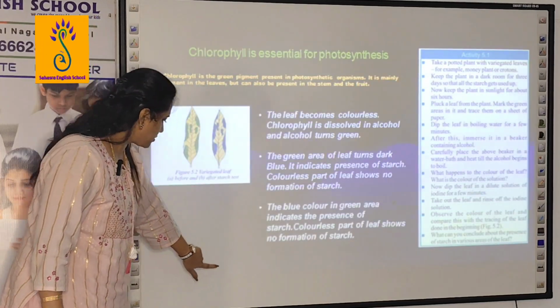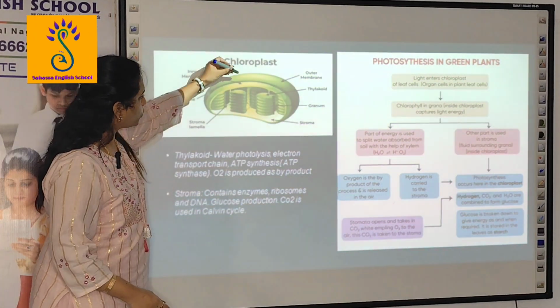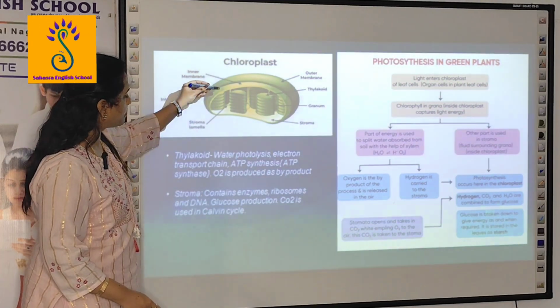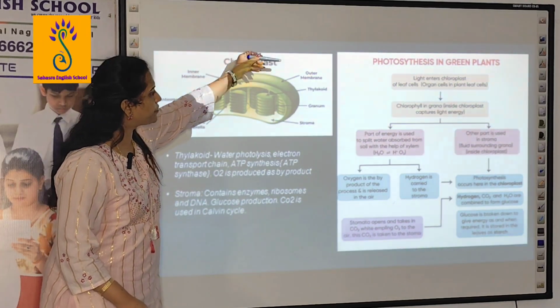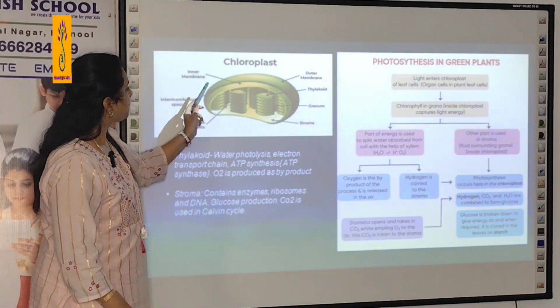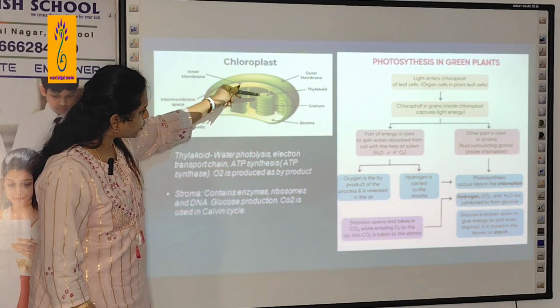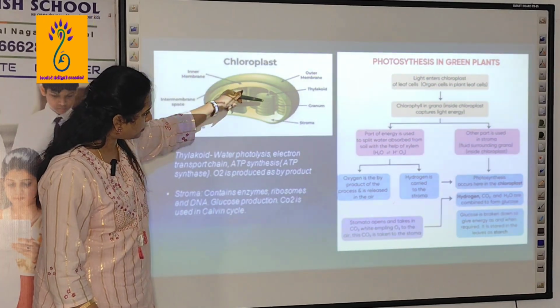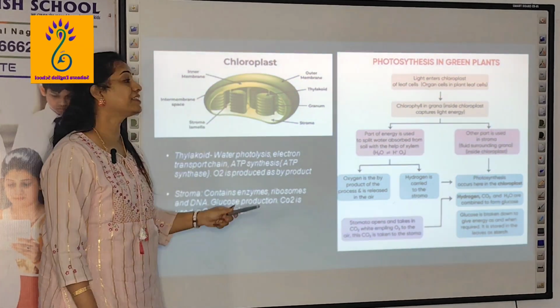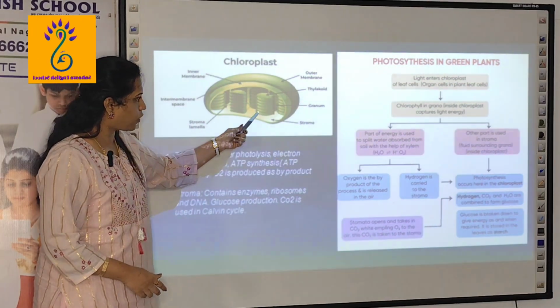Look at the structure of this chloroplast. This is the outer membrane and this is the inner membrane. The outer membrane differentiates this chloroplast from other cell organelles. Then inside the inner membrane, you can see oval shaped disc-like structures. These are called thylakoids.